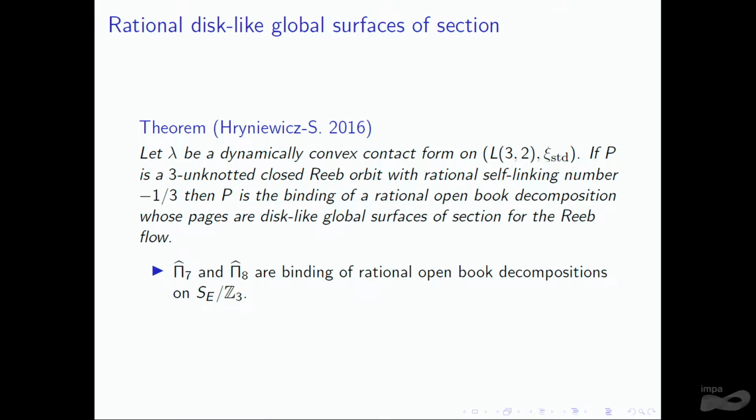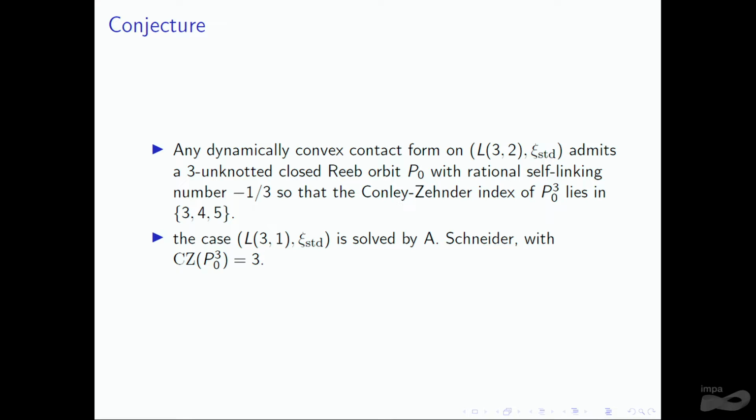So this result here that we see assumes the existence of this unknotted periodic orbit with self-linking number -1/3. But there is a conjecture. One of the questions is, if you are given a dynamically convex contact form on a lens space, is there an orbit with similar properties?